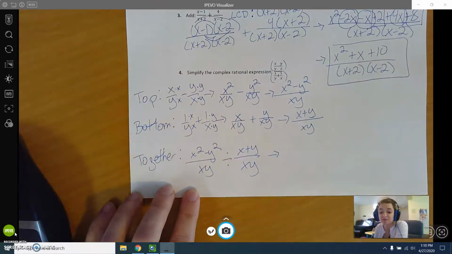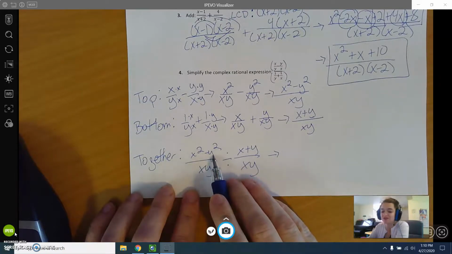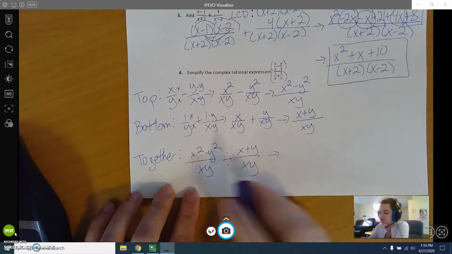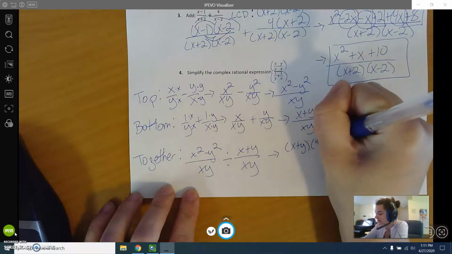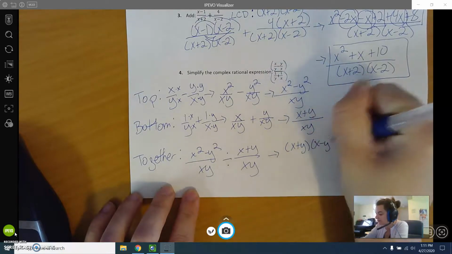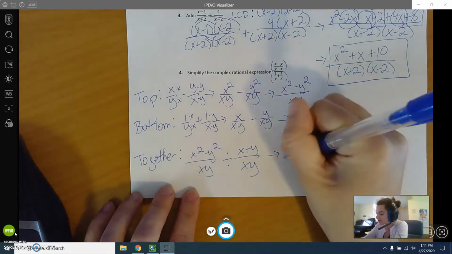Now, if you guys remember from division, if you want to simplify it all, you've got to factor if you can. So x squared minus y squared factors really nicely. That's a difference of two squares. So that's x plus y times x minus y. xy doesn't factor, it just stays as it is.